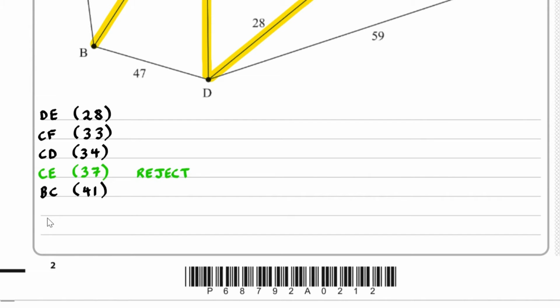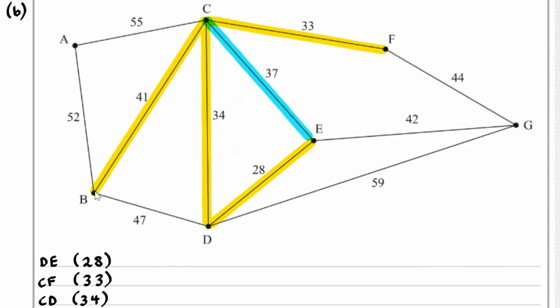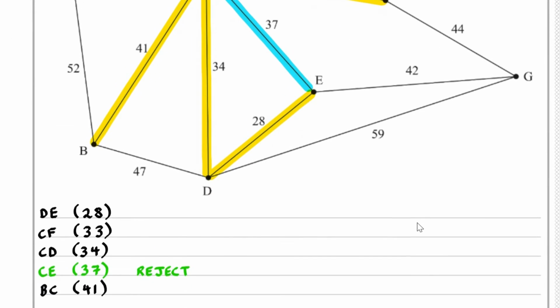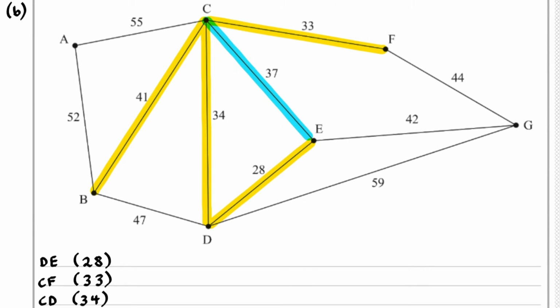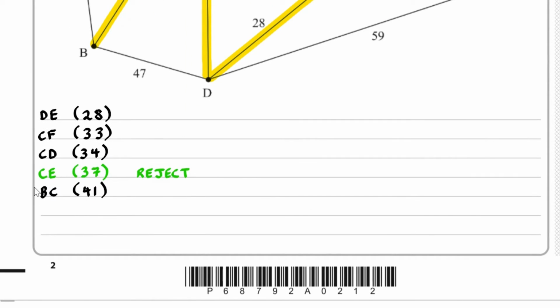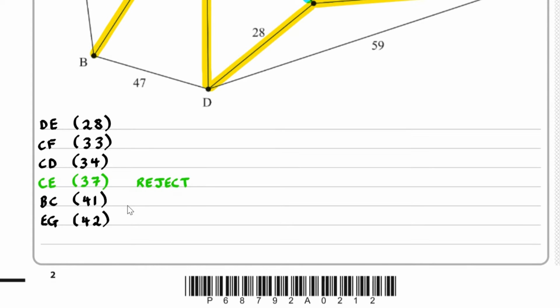And then we have EG with weight 42, and we can use EG. We don't get a cycle, so we have EG with weight 42.